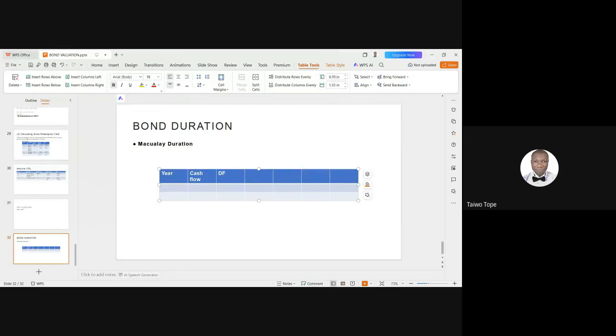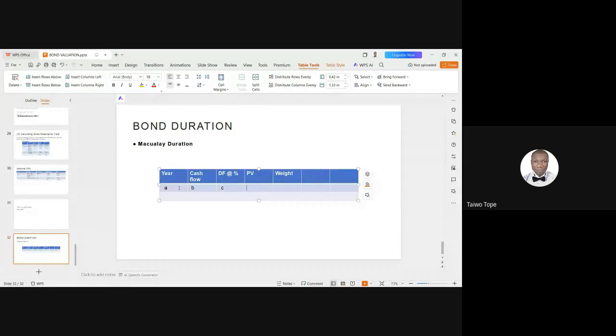Discount factor at a particular percent given, and you have your present value, your PV, and you have your weight. To make it easy, I can term my year A, my cash flow B, my discount factor at a percentage C, and my PV.